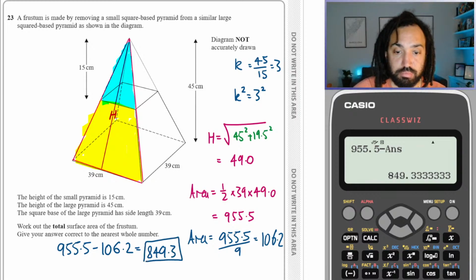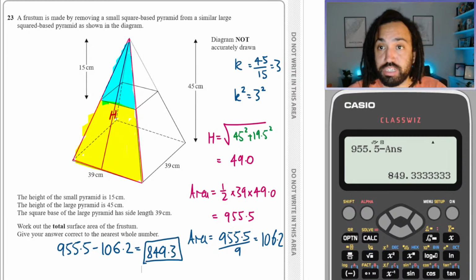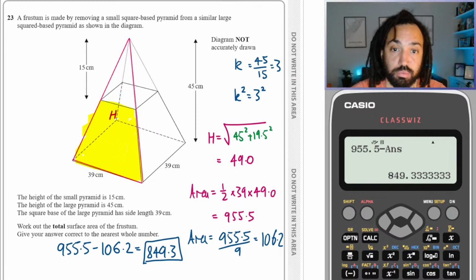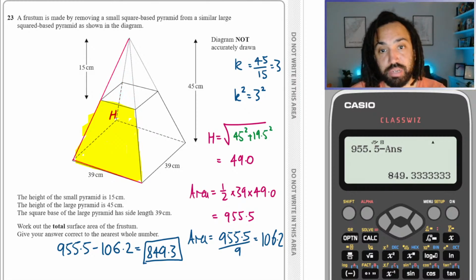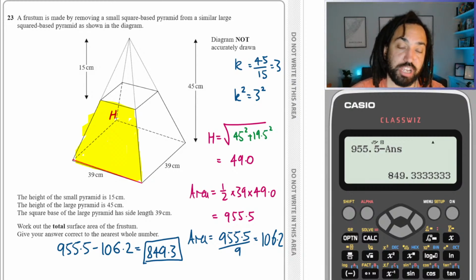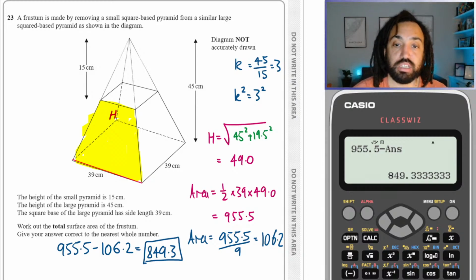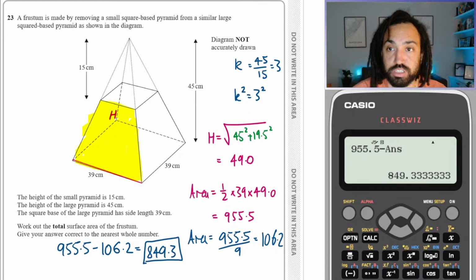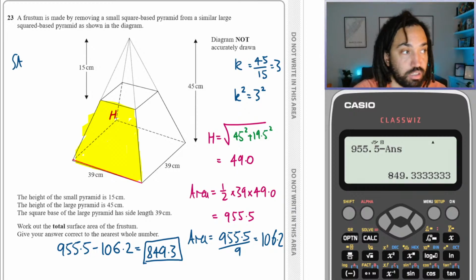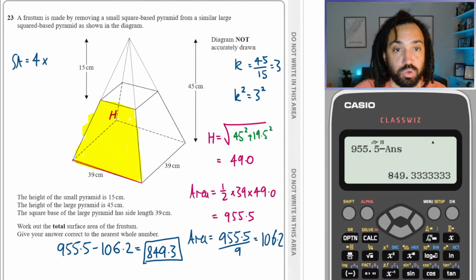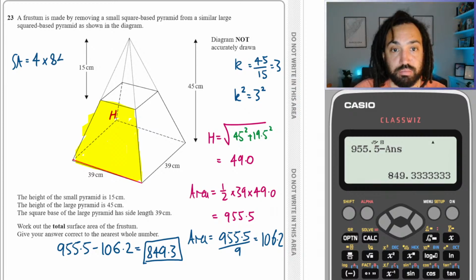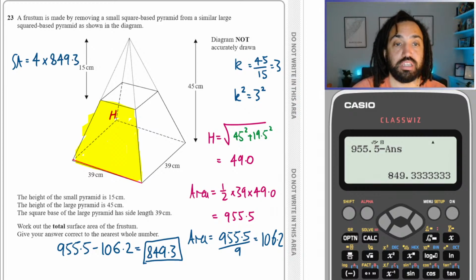Okay, so nearly there, but we're going to have to think, how am I going to actually cover all of this shape? All I've got so far is the yellow area. Well, there are 4 identical ones of those. So the total surface area is going to be 4 times these yellow bits.